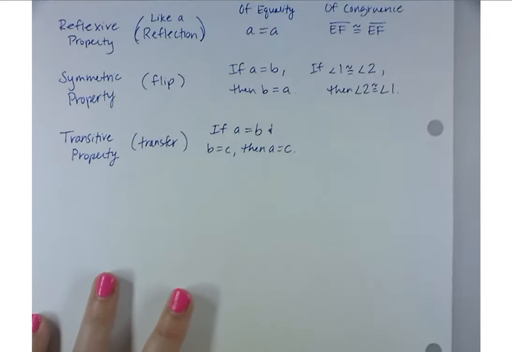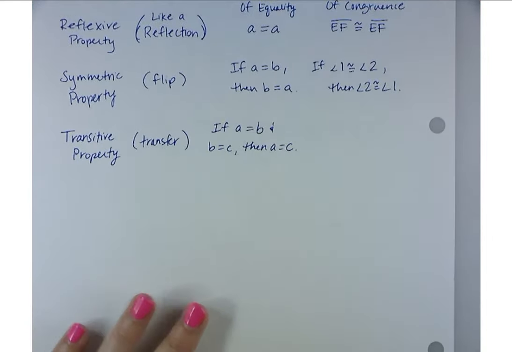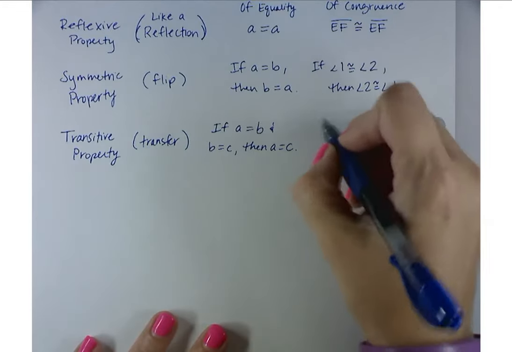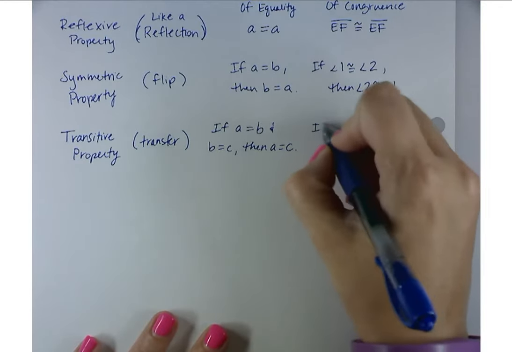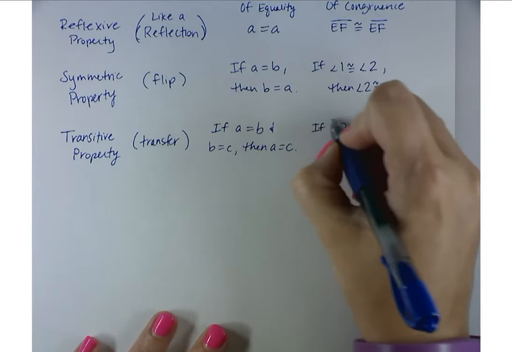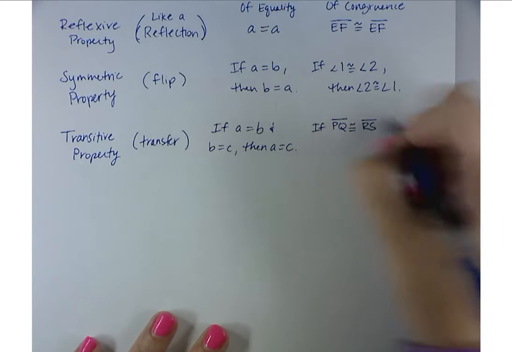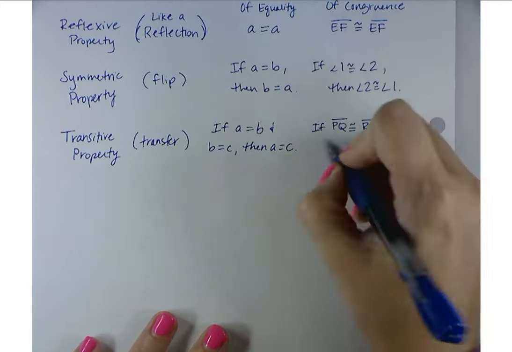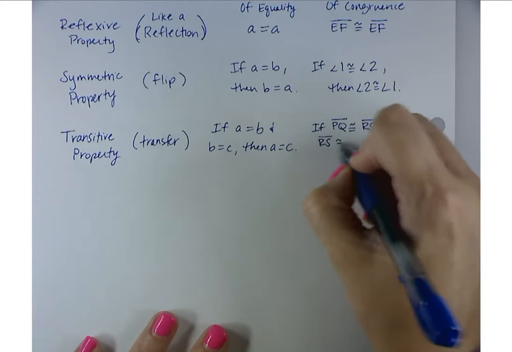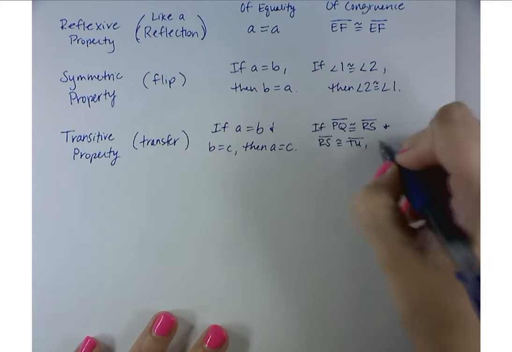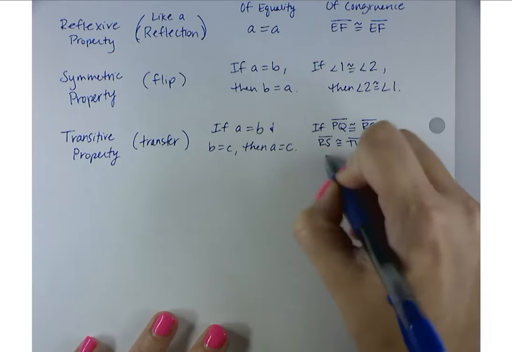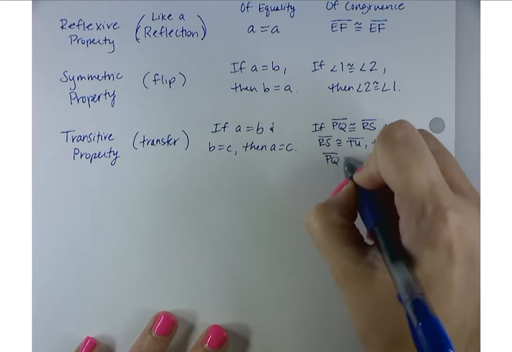So it's like that equality is going to transfer. If you have segments, that could be one with congruence. So if PQ is congruent to RS, and RS is congruent to TU, then PQ is congruent to TU.